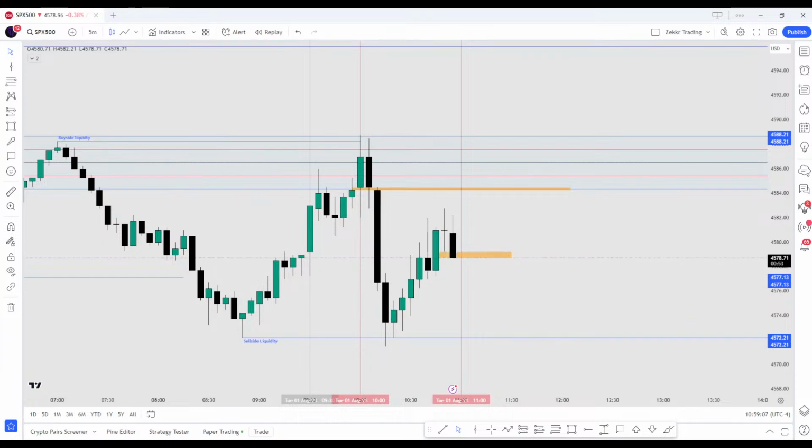I don't feel we'll get a setup, honestly. We have to see a really nice displacement above this candle if I want to see a setup.